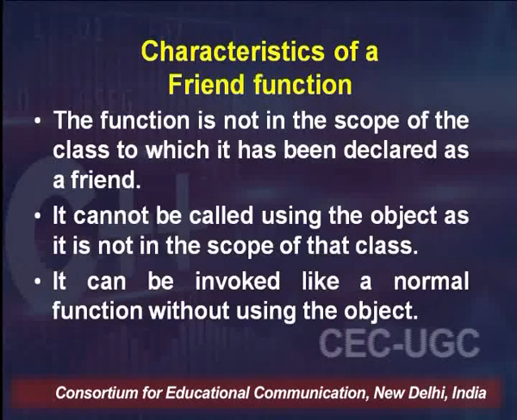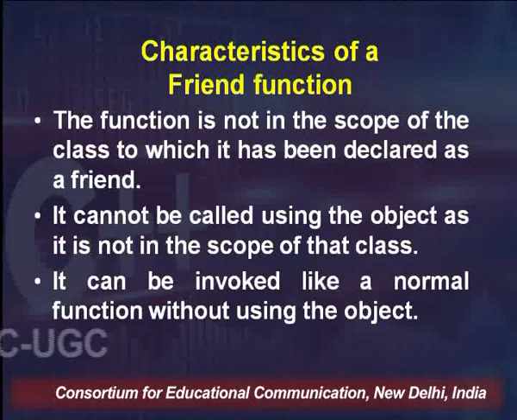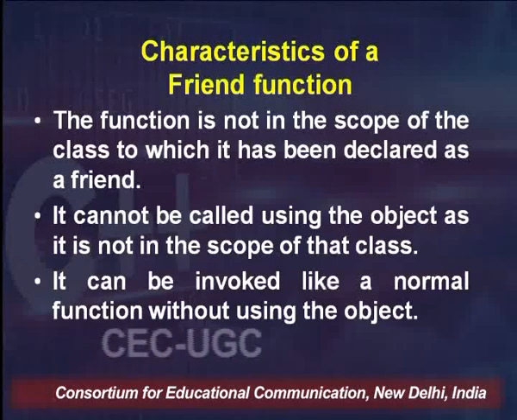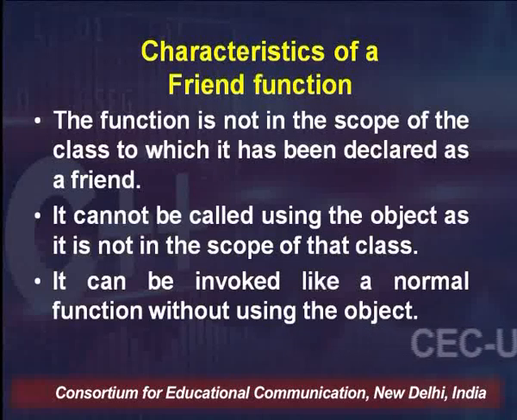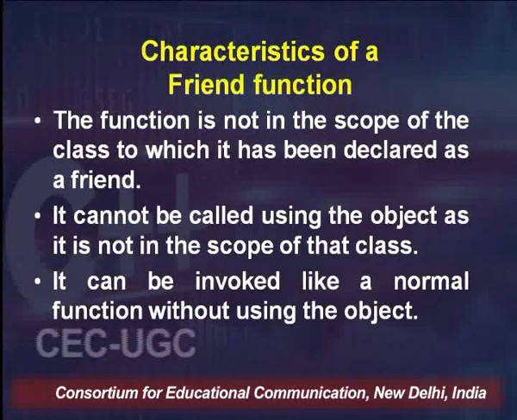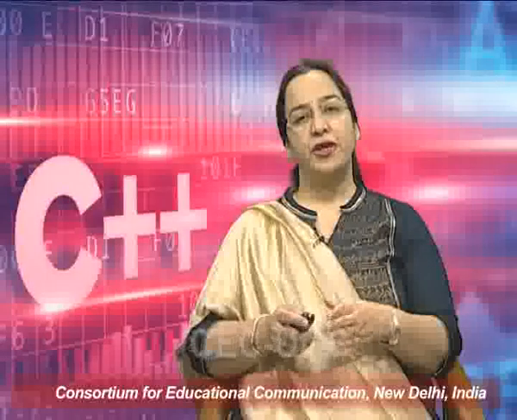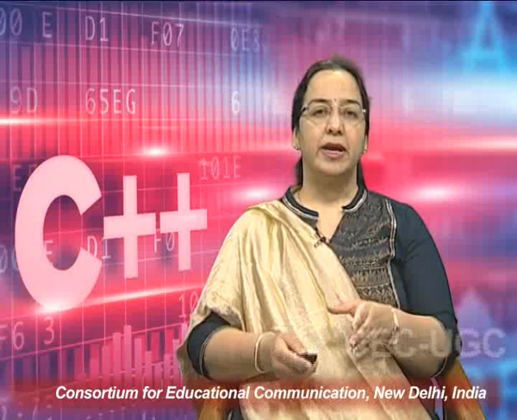You will not be able to bind it with any particular object, and as we are not binding it with any object using the dot operator, it can be invoked just like a normal function without using any object name and without using any dot operator.